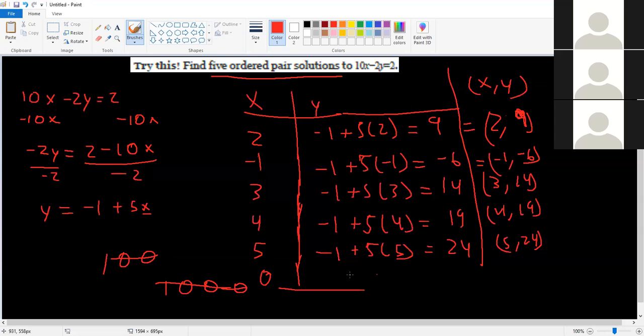This is my equation. Usually there would have been x here, but I plug in 0. 5 times 0 is 0. 0 plus -1 is -1. So then I get the ordered pair solution, 0, -1. This is the ordered pair solution.